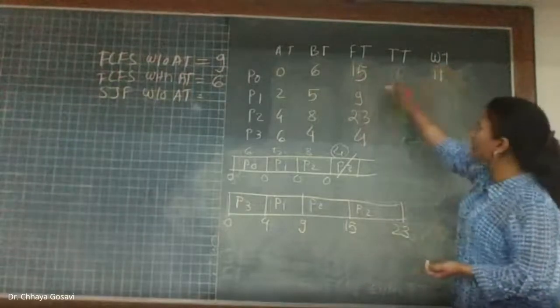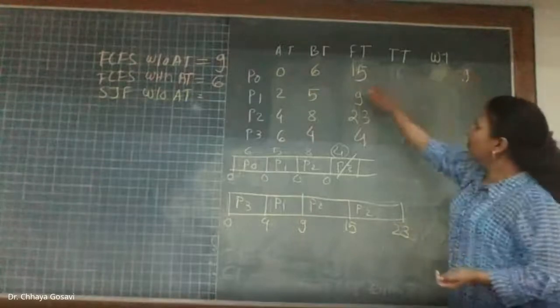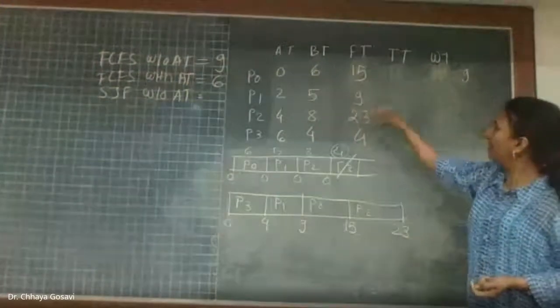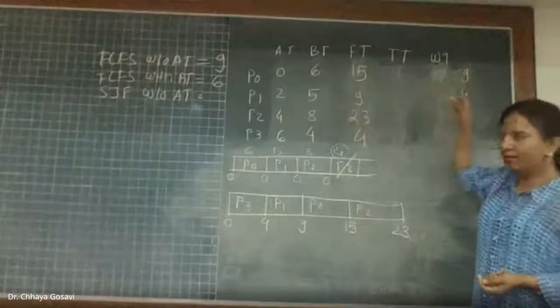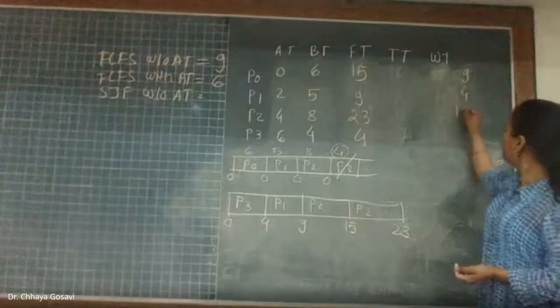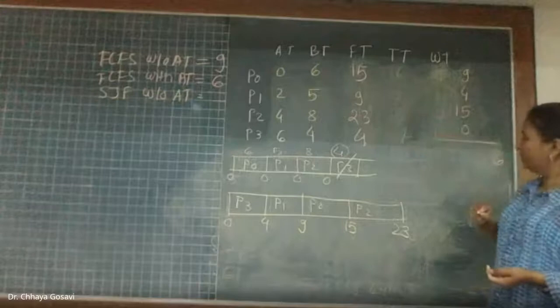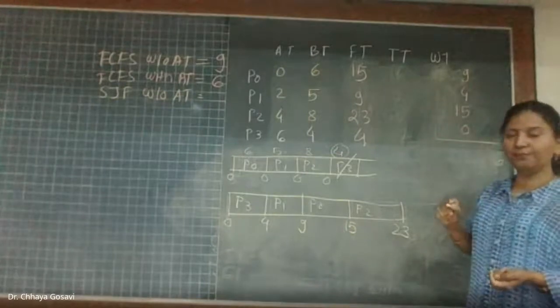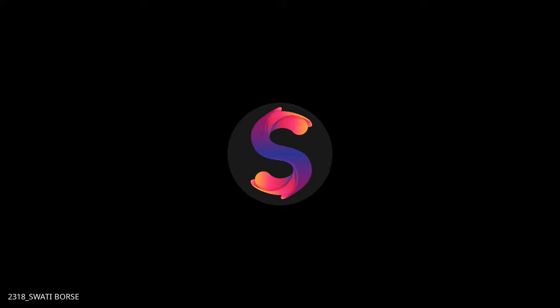So for this, 15 minus 6, 9, then 9 minus 5, 4, 23 minus 8, 15, and 4 minus 4, 0. What is average wait time? 28, so 7.